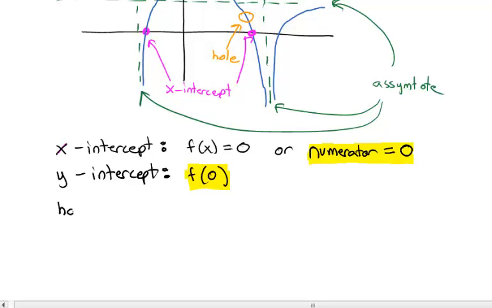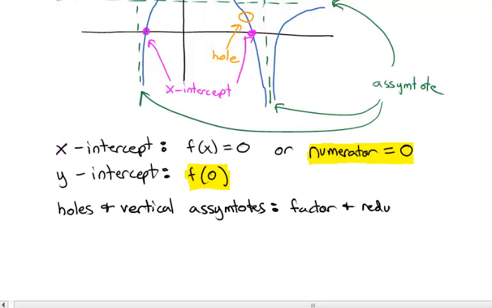Now, for holes and vertical asymptotes, let's do vertical first. Holes and vertical asymptotes. What we will do is factor and reduce the fraction.